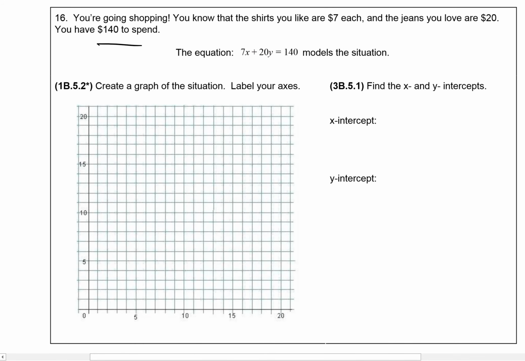And very nicely, they've given you the scale. Now, x is going to be the number of shirts you're going to buy. Y, you can see right here with the $20, is going to be the number of jeans.